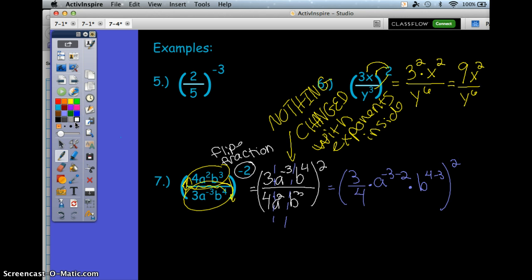So let's take it to the next step. We still have 3 fourths. A, negative 3 minus 2 is negative 5. B to the first, all quantities squared.